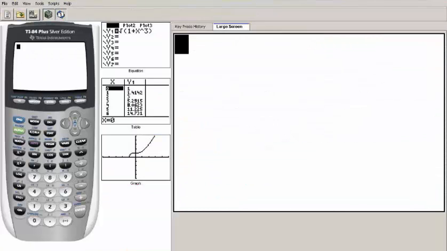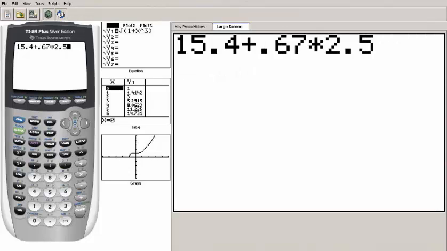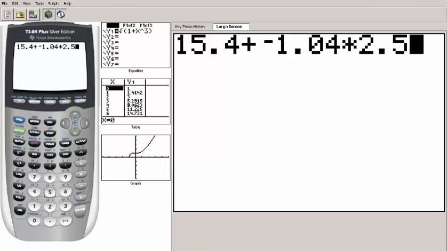I won't do the inverse norm for this one. I'll just do, actually, let's bring this up right there and change this to negative 1.04. Times 2.5, enter.